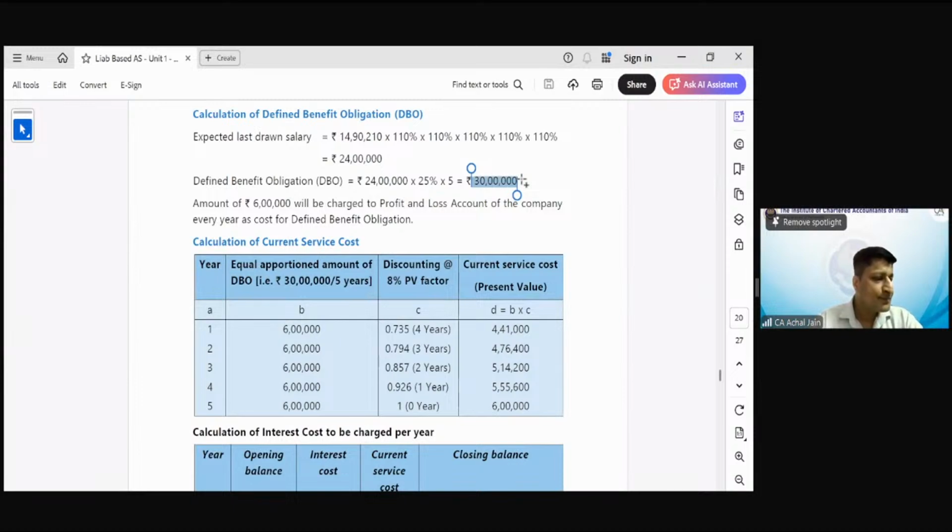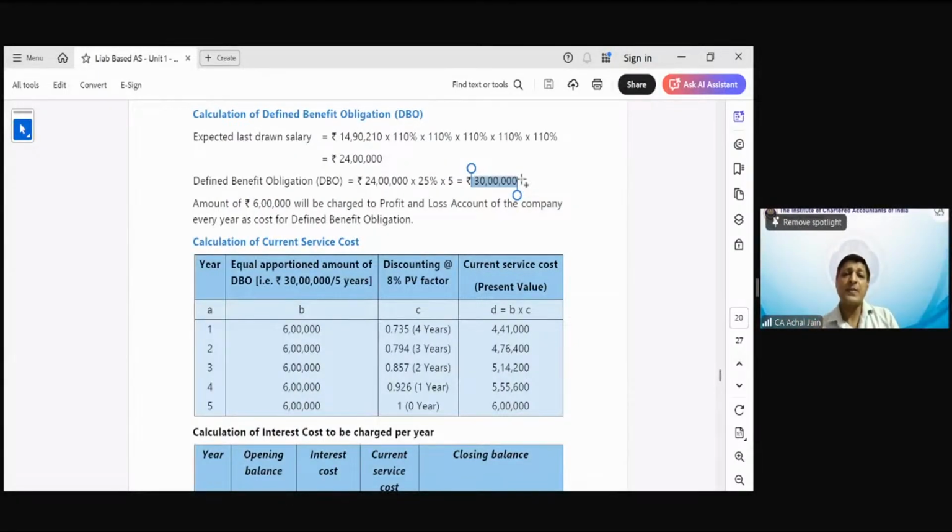Right? Now, this 30 lakhs is payable after 5 years, not today. Payable means cash payment will not happen today. This will happen after 5 years. But each year, employee will render services.